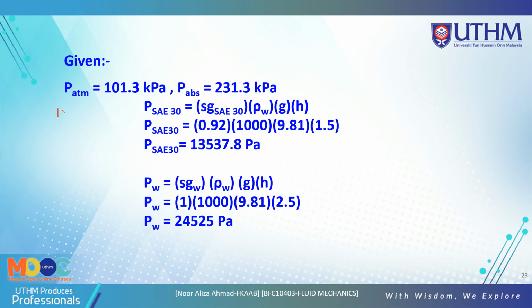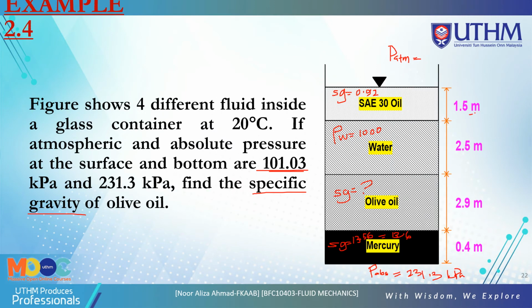Step 1, you must calculate the pressure at SAE oil. So the pressure at SAE oil is the density of oil times g times h, with h being 1.5. Maksudnya setiap kedalaman tu, setiap fluid tu perlu gunalah based on the different depth and the different fluid.